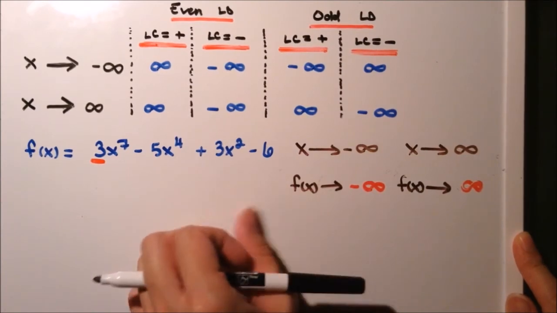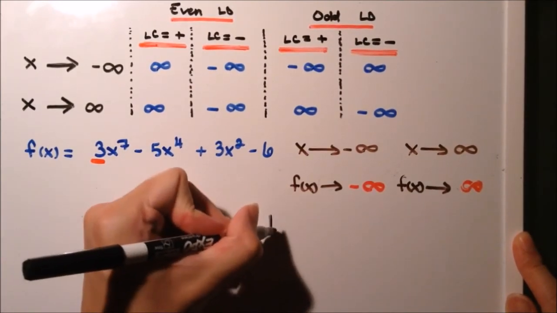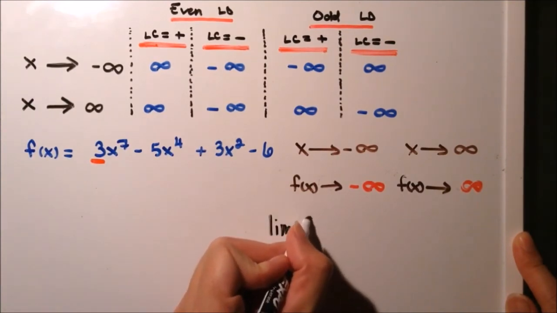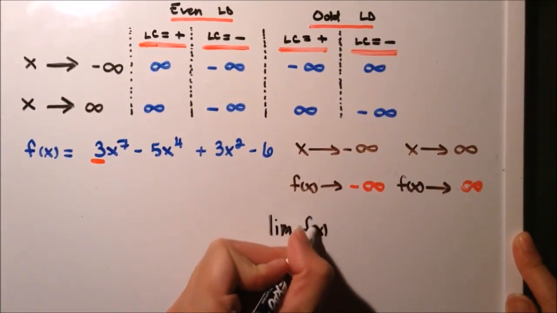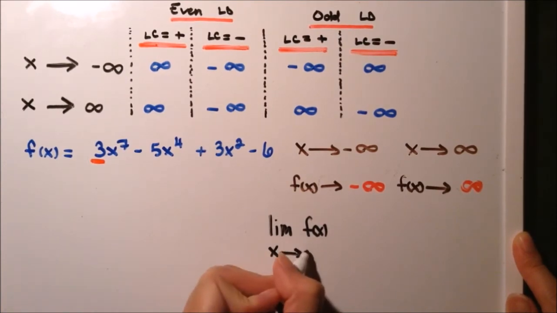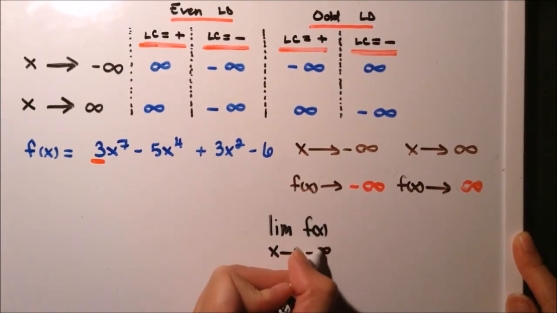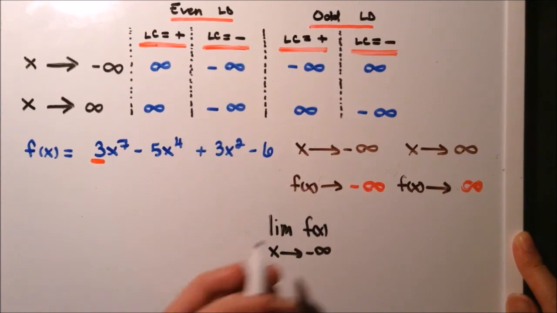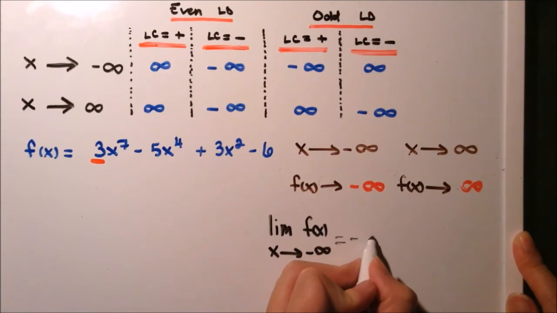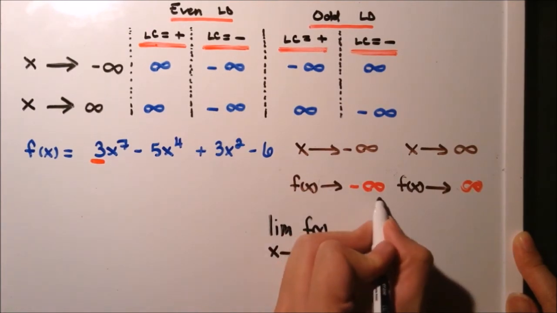Let me write that bigger for you. The limit of f of x as x approaches negative infinity, the left side, equals negative infinity, which is right here.